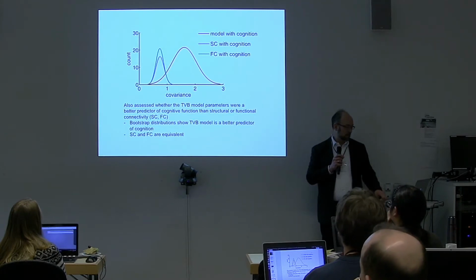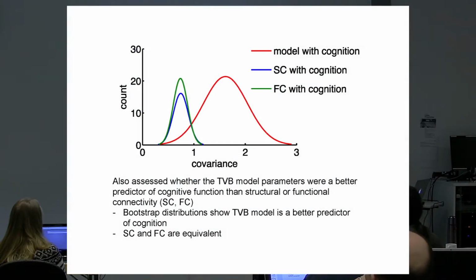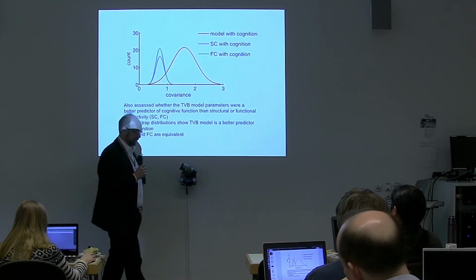So what this graph shows you is a resampling technique called bootstrap. This is looking at which of the metrics that we used has the best relationship with the cognitive scales being measured. This is based on multivariate-level covariance.